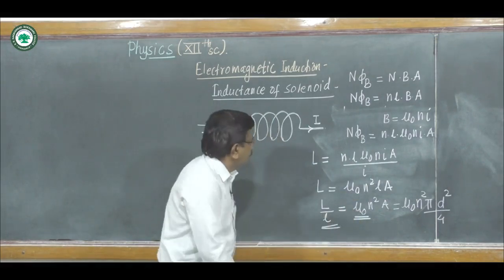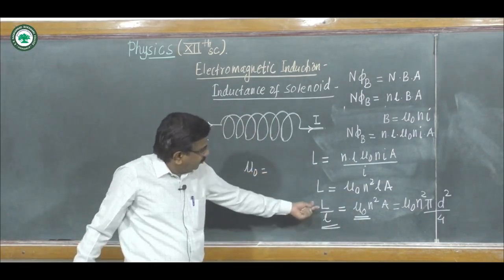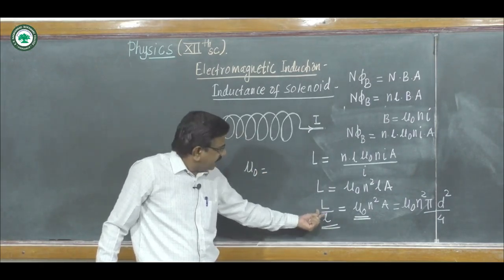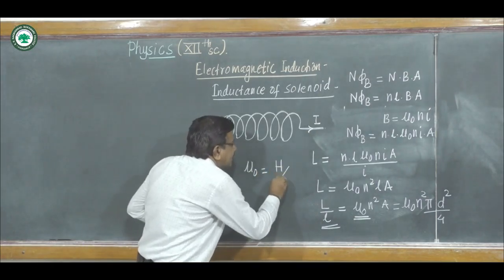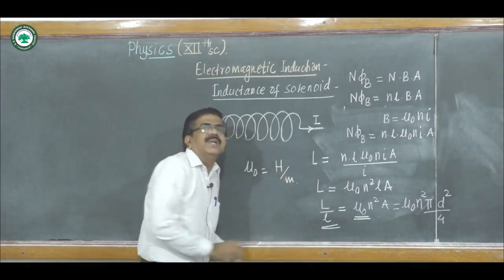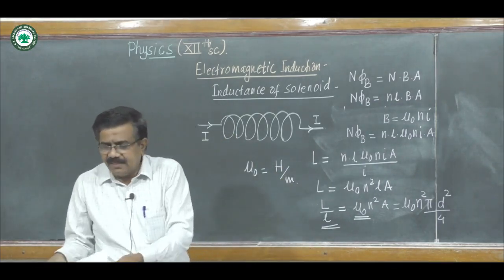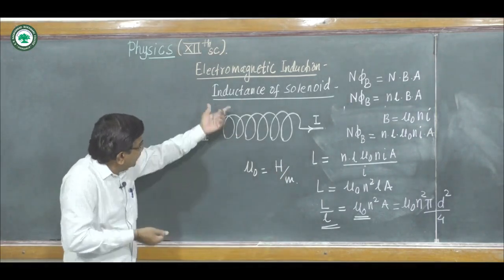Hence, unit of permeability of free space is same as unit of this capital L upon l. This unit is Henry, this is meter. Unit of permeability is Henry per meter. Unit of mu 0 is Henry per meter. So this is about the inductance of solenoid.